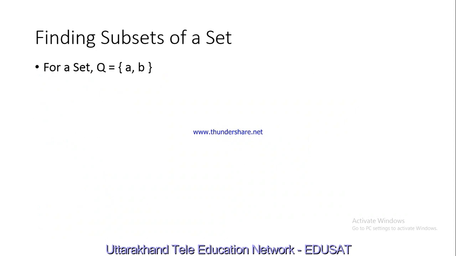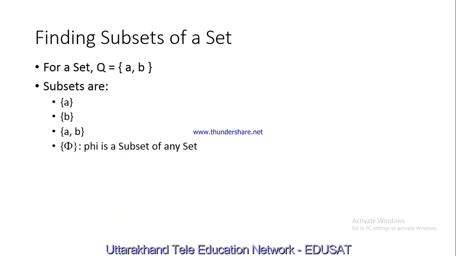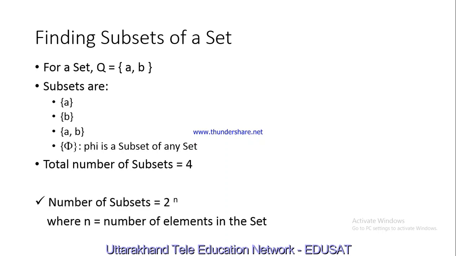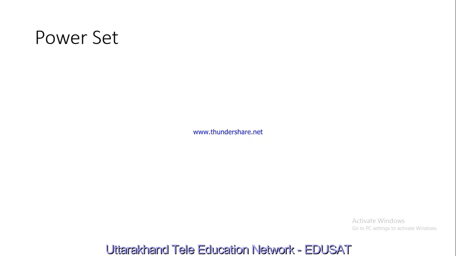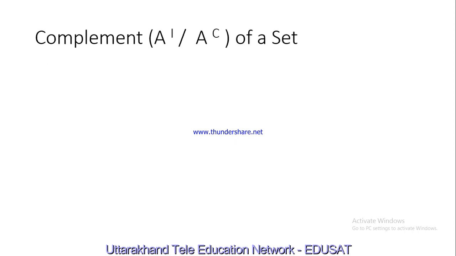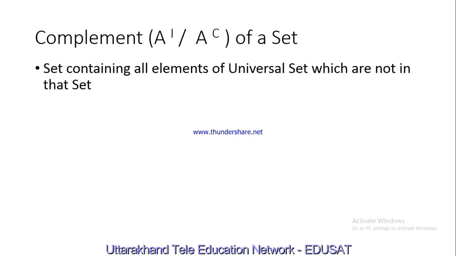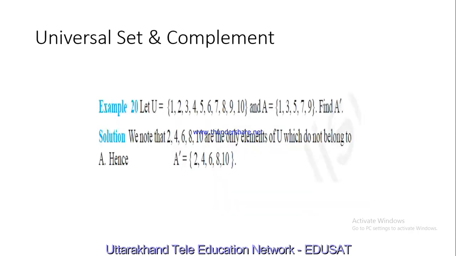We also talked about the formula which can be used to calculate the number of subsets that a set can have. We also talked about the power set, the universal set, the complement of a set, which is denoted by A dash, and we had attempted some questions as well.